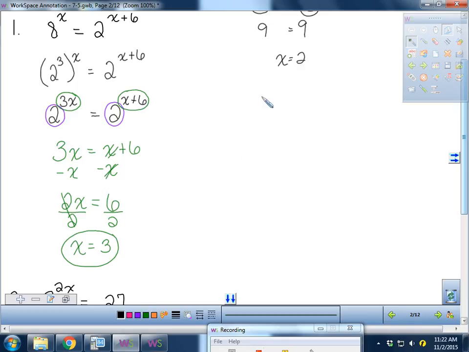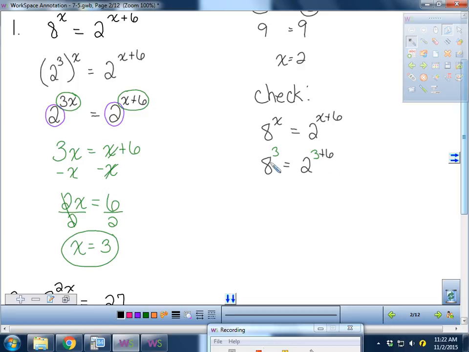All right, so we'll call this the check part. So I have 8 to the x equals 2 to the x plus 6. So this is just my original problem. And I'm going to plug in 3 where the x's are. So that gives me 8 to the third equals 2 to the 3 plus 6.